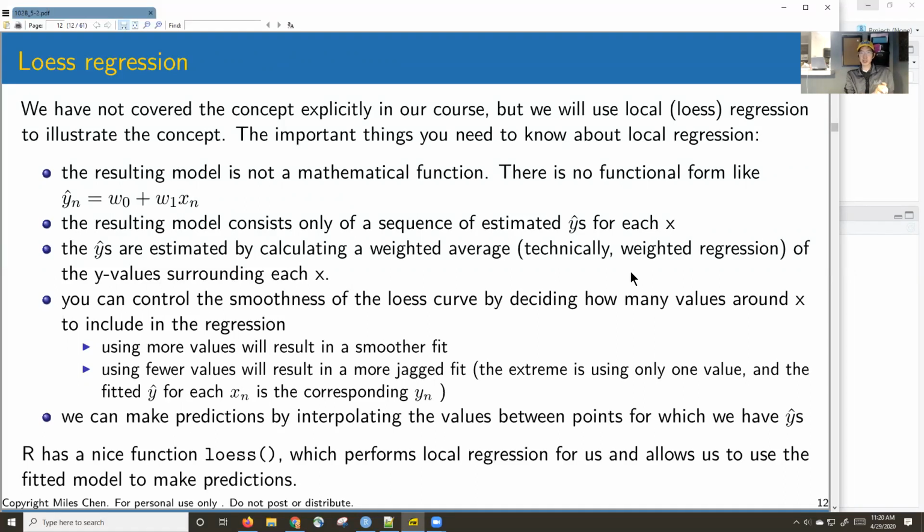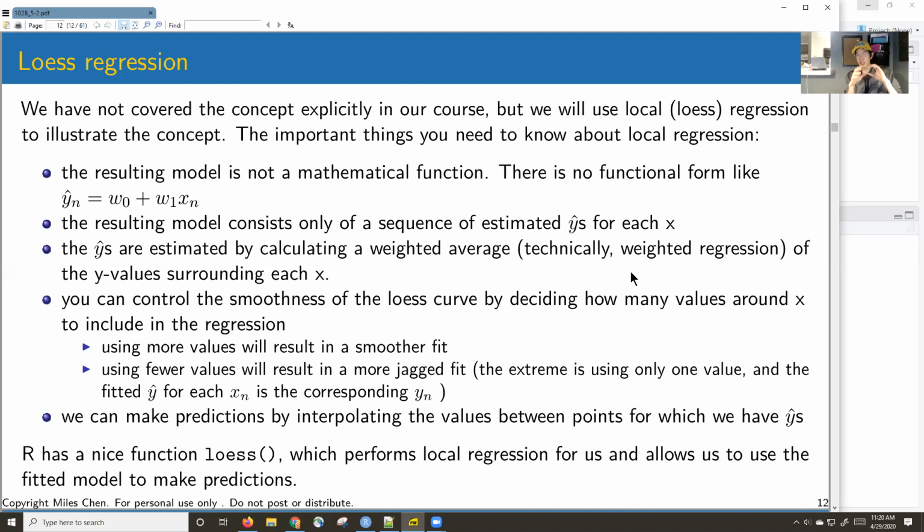With local regression, you take a moving window: you have some point here, you look at the 3 values to the left and the 3 values to the right, and you take the average of those. That's a loose idea. Technically you're doing a weighted regression on the local values, and we covered weighted regression in one of your homework problems.